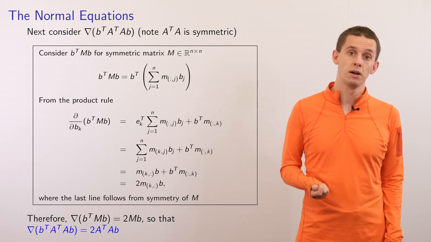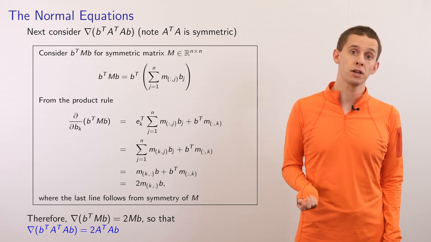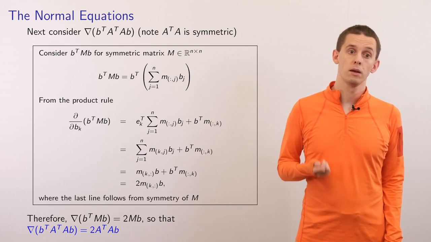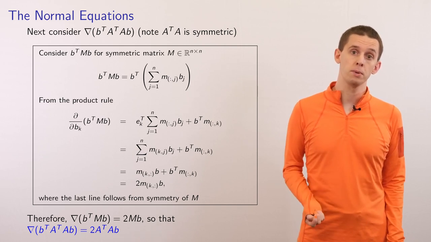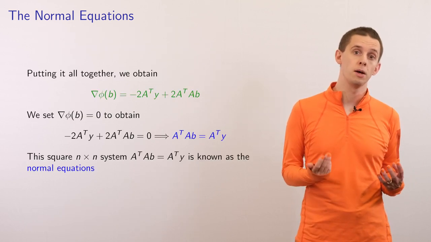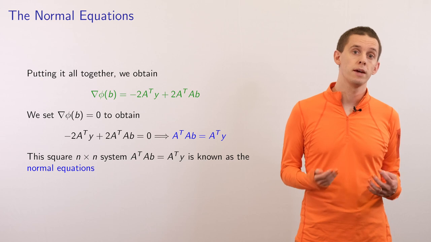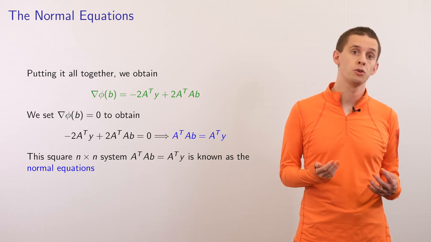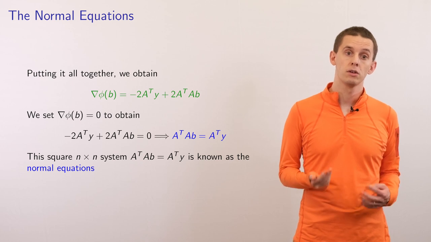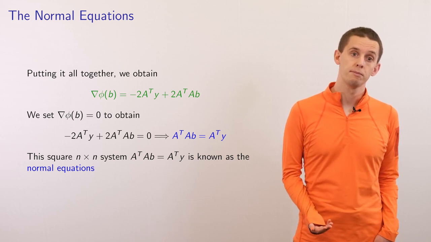And therefore, the term that we're interested in, the gradient of b transpose A transpose A b, is just equal to 2 A transpose A b. If we now combine the two derivative terms that we calculated, we find that the gradient of phi is equal to minus 2 A transpose y plus 2 A transpose A b.